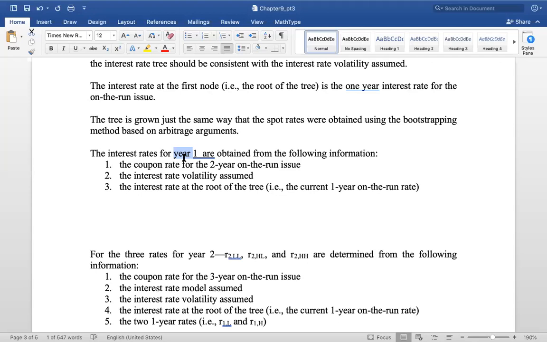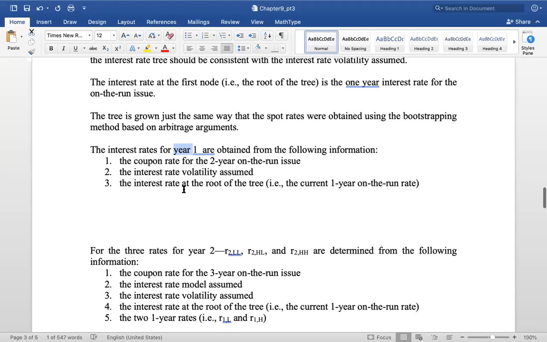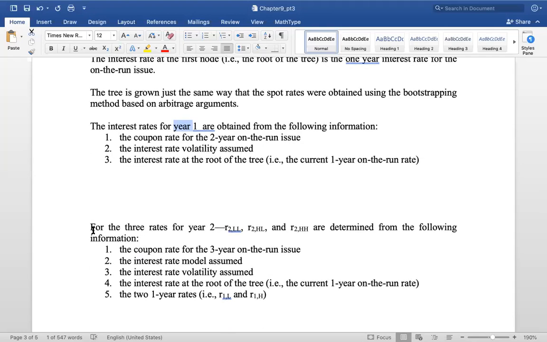If the value is too high, then a higher rate guess should be tried. If the value is too low, then a lower rate should be tried. We use this trial and error to obtain the interest rate which should value the security fairly. The same thing can be done for the year 2 interest rate.